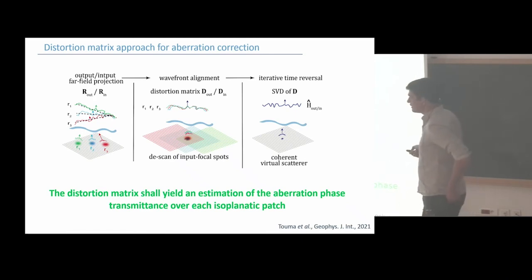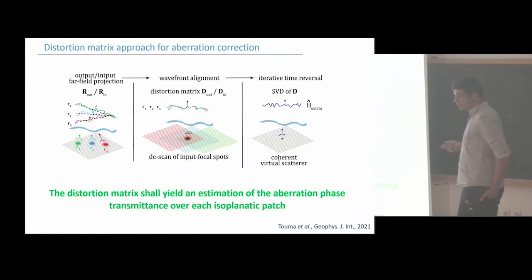This is what is predicted by your model of propagation. Then you have these wavefronts that superpose to each other because these three points were in the same isoplanatic area. After, you do iterative time reversal. Mathematically, it's equivalent to SVD.